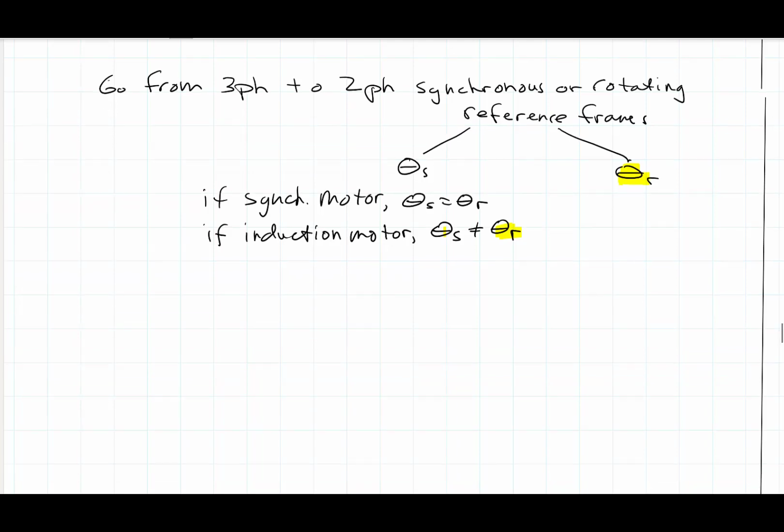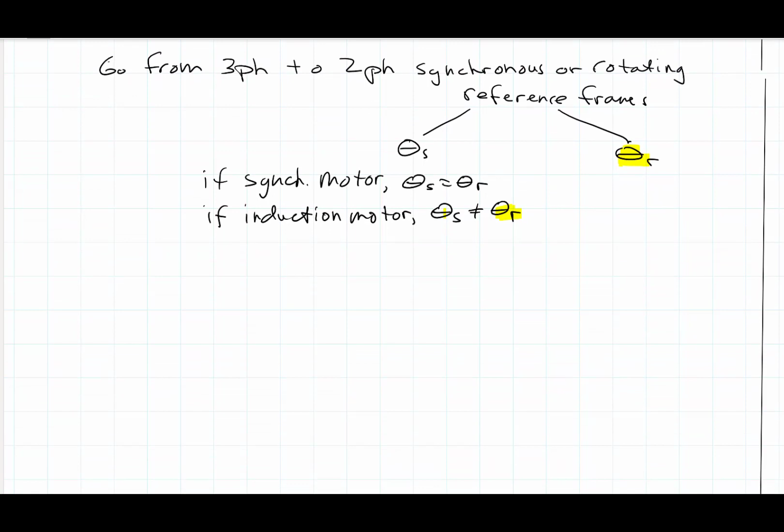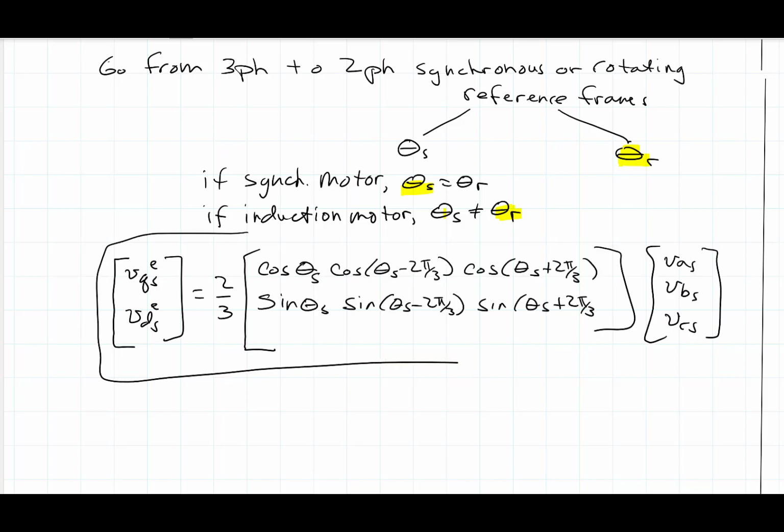Anyway, the bottom line is that we could have gone directly from the three-phase to the synchronous or rotating frames this way, where we have VQSE, VDSE being equal to 2/3 times that full matrix. I'll just use theta s here right now. Okay, so that's how you do it.